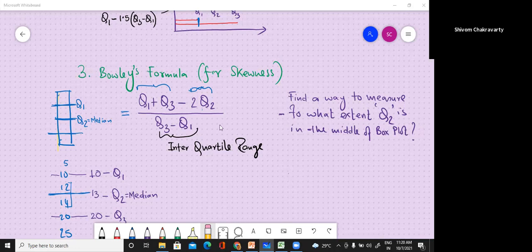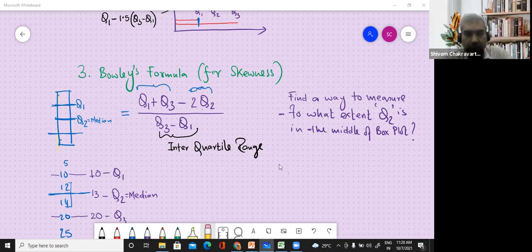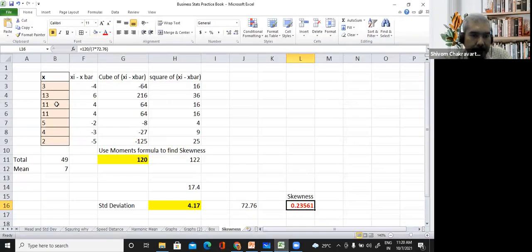All right. So who got what? You can put it in chat. 11 is second quartile. Yeah, 11 is the middle value.